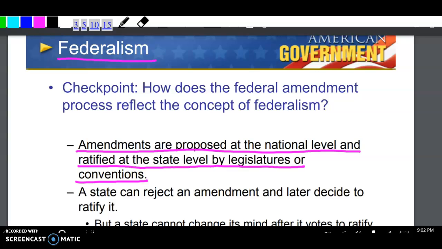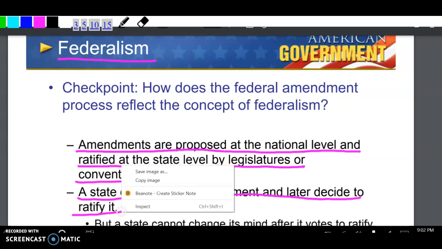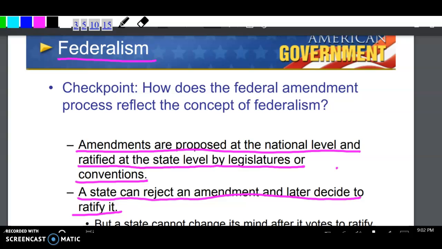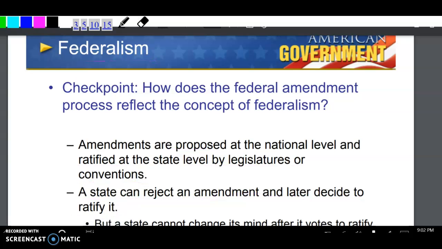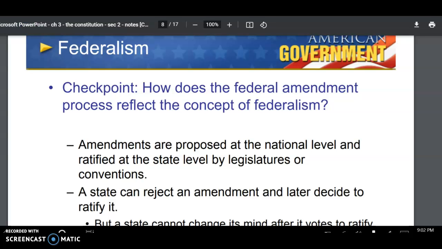So amendments are proposed at the national level, and then they're passed at the state level by either the state representatives, the state lawmakers, or at state conventions. A state can reject an amendment and later decide to ratify it. They might reject it at first, and then later change their mind and pass that amendment.